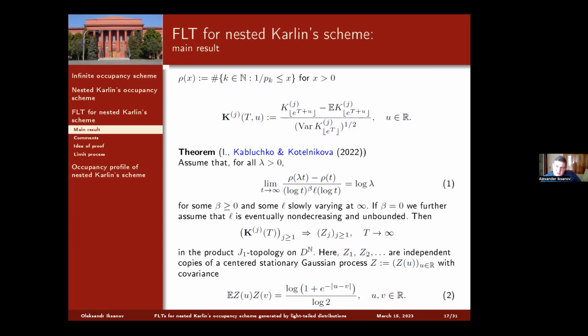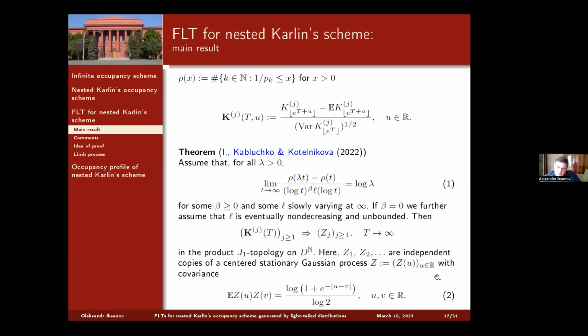Thus, what we see here is that nestedness doesn't induce any dependence of generations in the limit. Even though the numbers of occupied boxes in the first generation and in the 10th generation, say, are strongly dependent, they become independent in the limit.